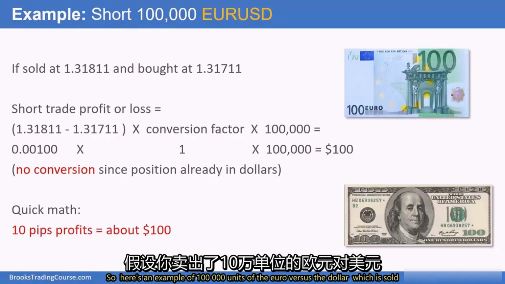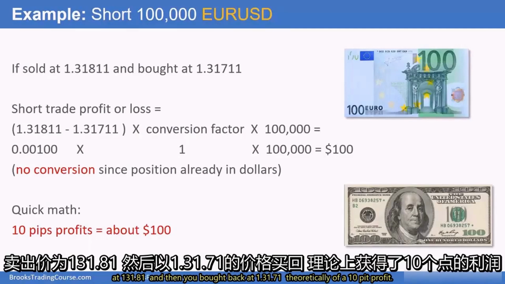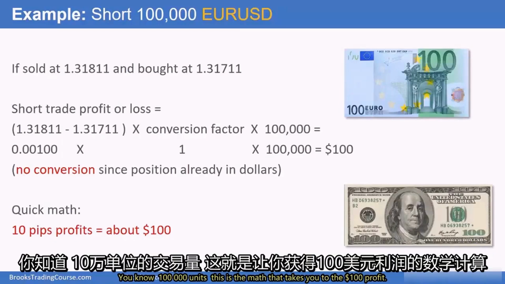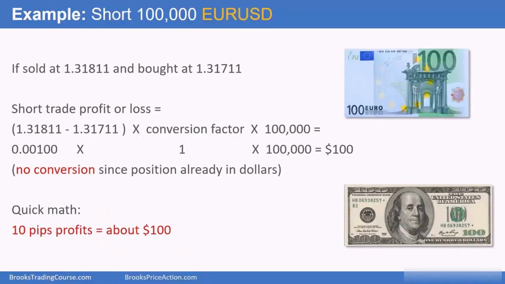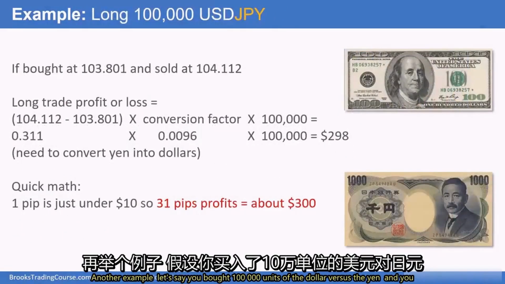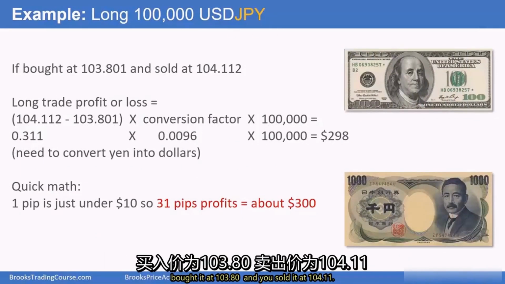So here's an example of 100,000 units of the euro versus the dollar. If you sold at 1.3181 and then you bought back at 1.3171, theoretically you have a 10 pip profit. You know, 100,000 units, this is the math that takes you to the $100 profit. Another example, let's say you bought 100,000 units of the dollar versus the yen, and you bought it at 103.80 and you sold it at 104.11.